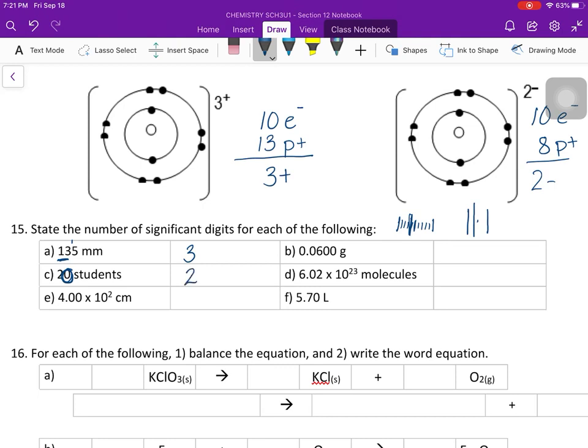Now, in terms of a context, 20 students, I think it is fair to say that's 2 significant digits, both the tens place and the ones place. Students, we can only have whole students. And so that one, with the context, we can make that assumption.